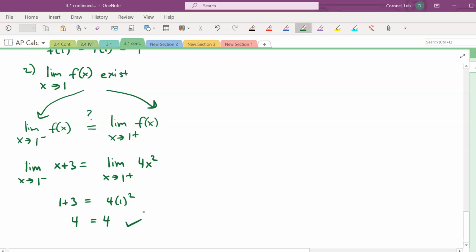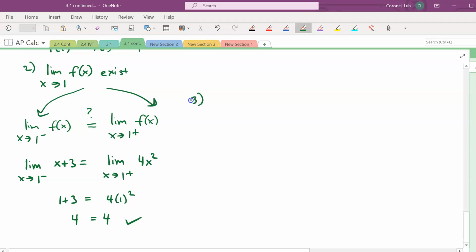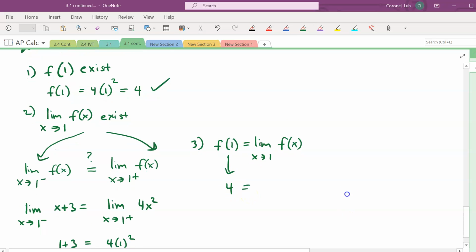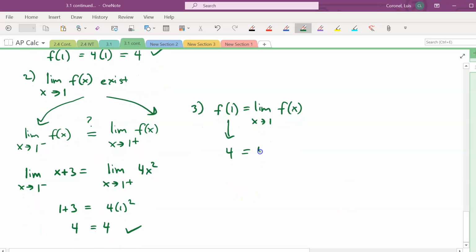Since we're checking continuity, there's one more condition, number 3. Is the function defined, in this case f of 1, the same as the limit as x approaches 1 of your function? Well, f of 1, that was step number 1, was 4, and the limit was also 4. So those are the 3 checks.